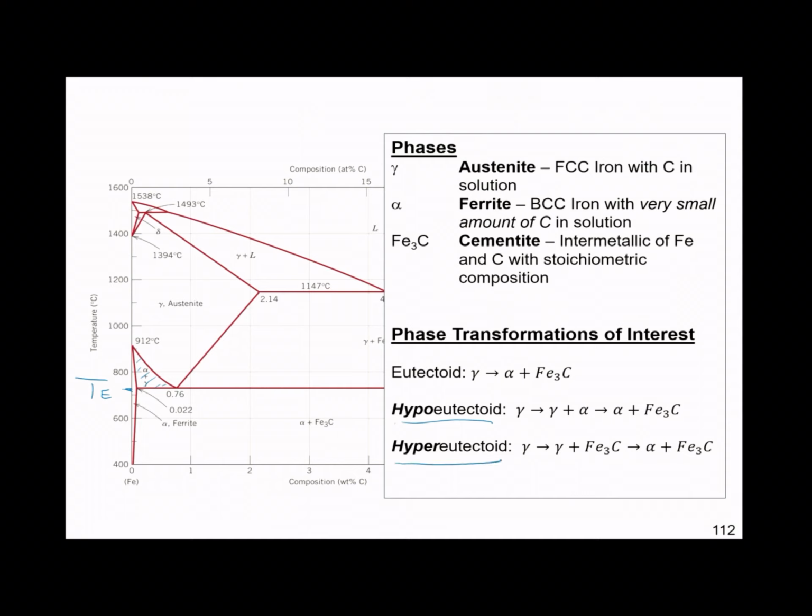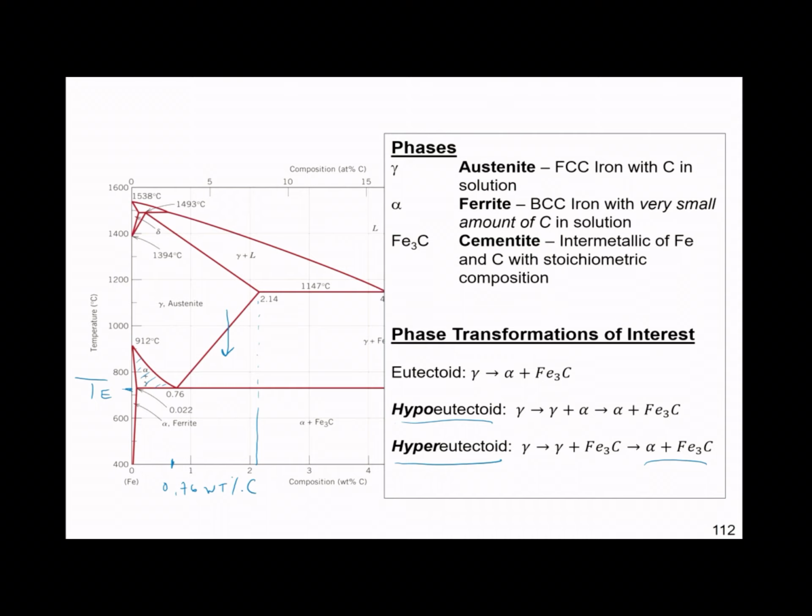And then for hypereutectoid, you're greater than 0.76 weight percent of carbon up until the 2.14 composition, you'll have gamma or austenite, and then you transform into gamma plus iron carbide or cementite, Fe3C. And then what doesn't turn into pro-eutectoid Fe3C, that remaining gamma will then transform into eutectoid alpha and eutectoid Fe3C.